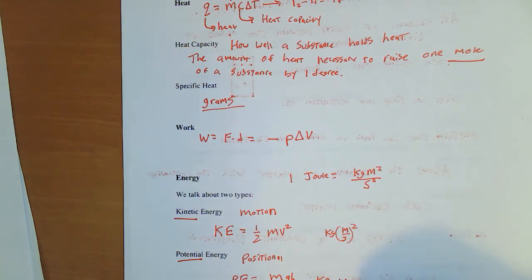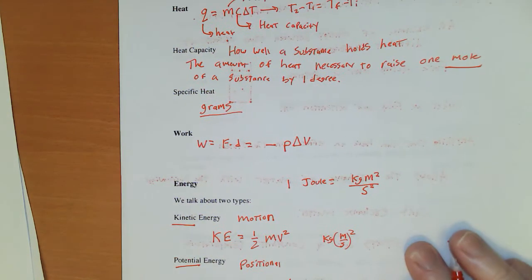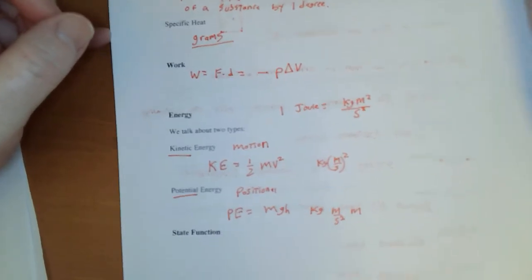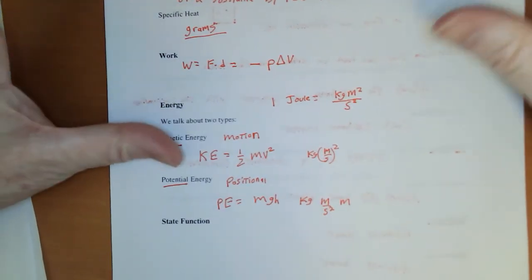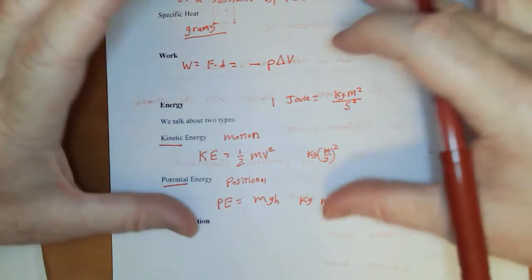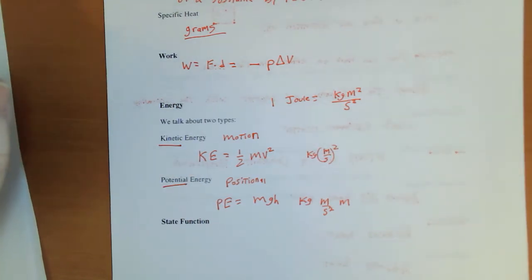And the height is in meters, so we have kilogram, meter squared per second squared, which is a joule. The same either way. Okay? Now, we can talk a little bit later, next page, about how these two will actually interrelate with each other.